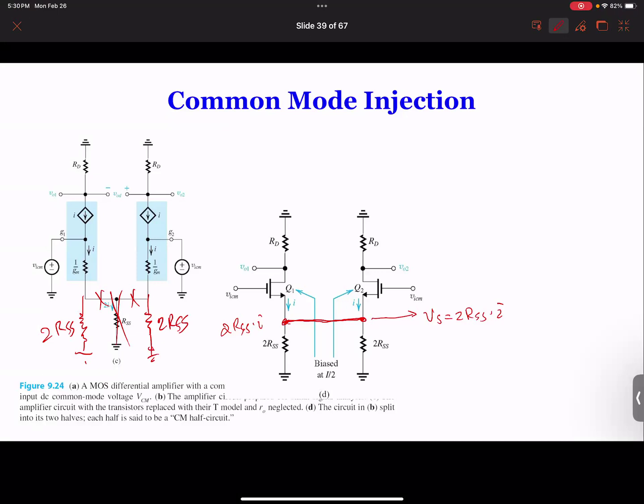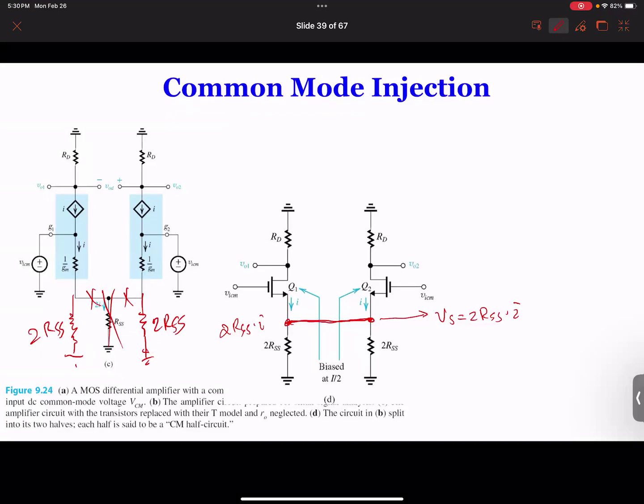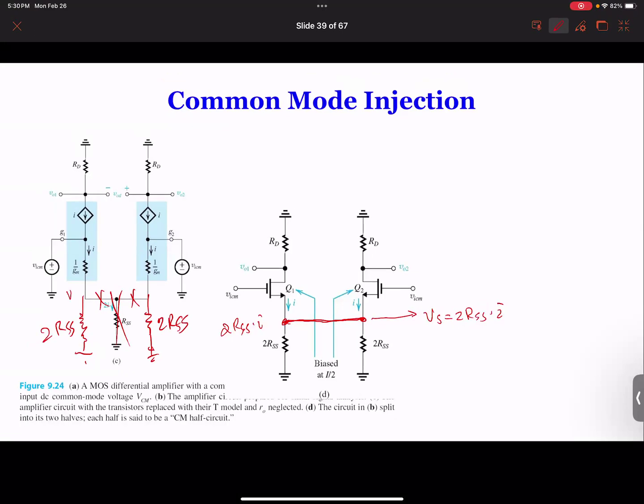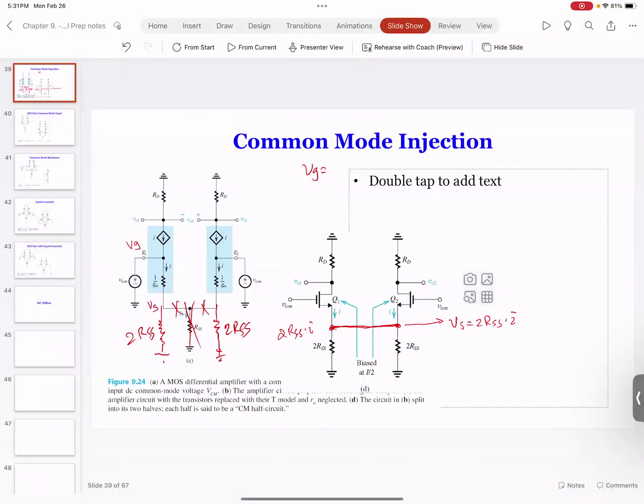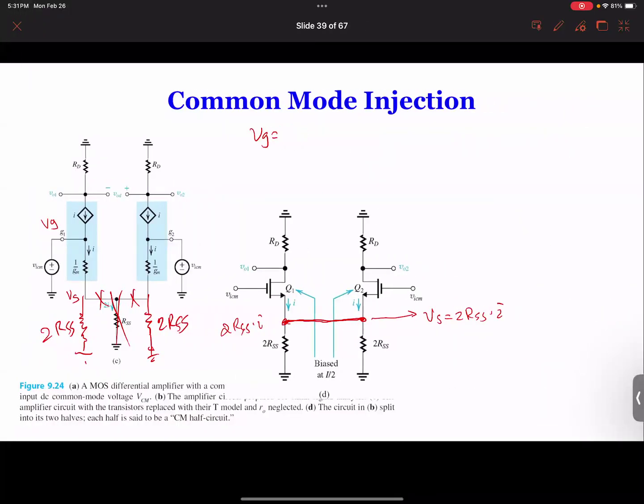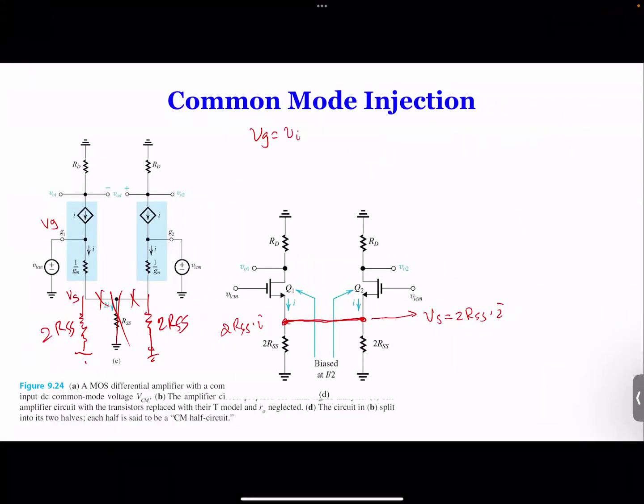By doing this, I want to make sure that we understand what we're doing. Here is Vs, here's Vg. So first of all, can you tell me what Vg is going to be in this circuit? Vg is given as VICM. But Vs is given as I times 2 RSS.